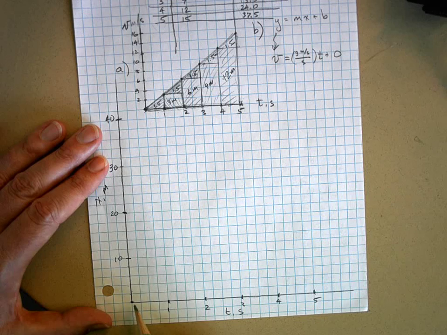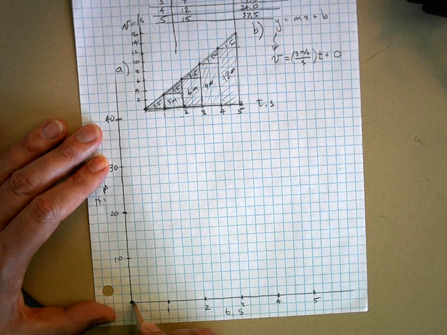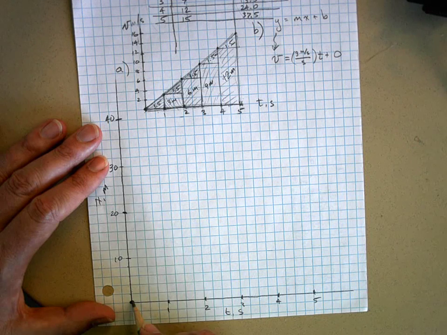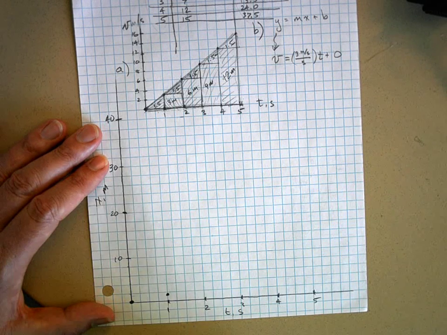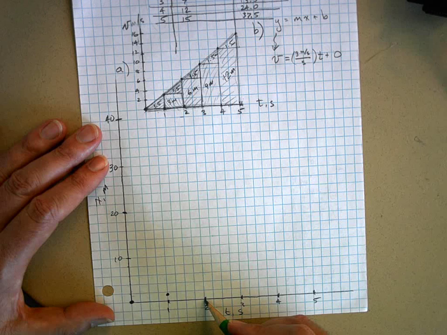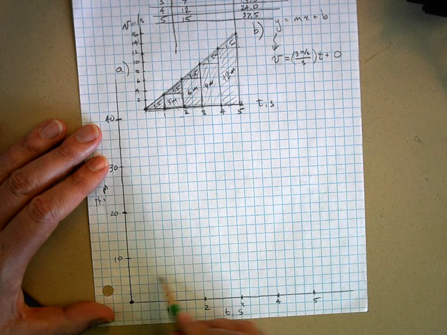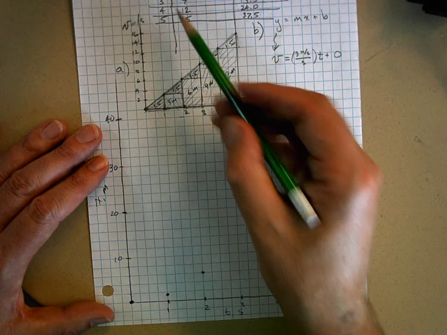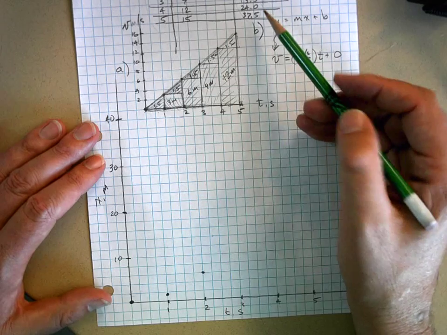So at 0, we had 0. Now at 1 second, we only went up to 1.5. So where's 1.5? Well, here's 1, because this is 2, so there's 1. 1.5 would be right about there. And then at 2 seconds, we're all the way up to 6. So 2, 4, 6. And then at 3 seconds, we're all the way up to 13.5.